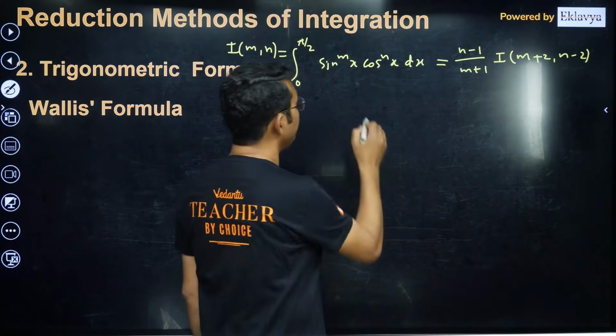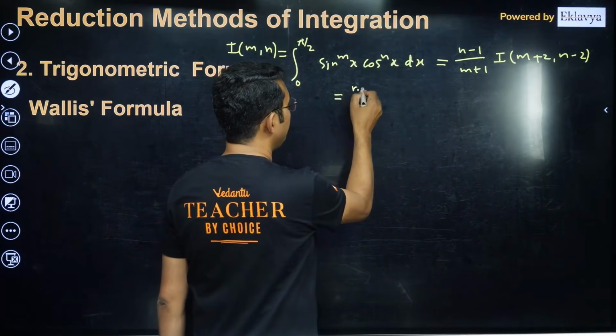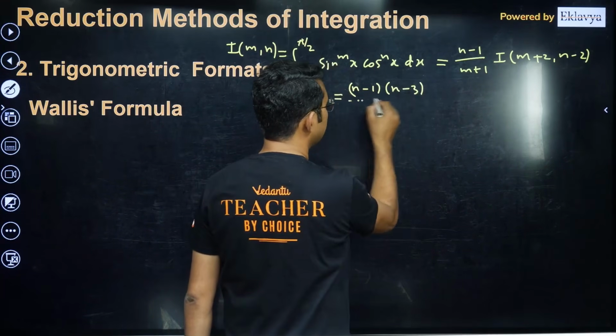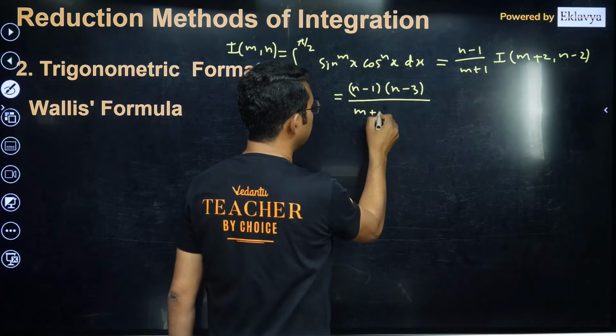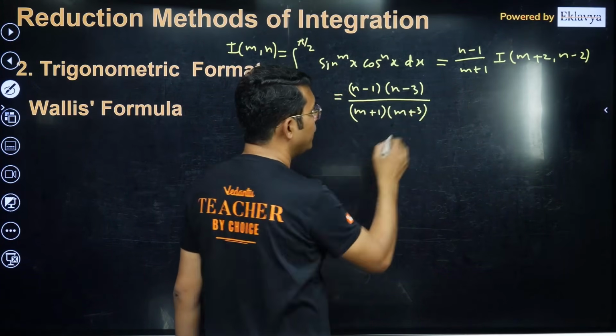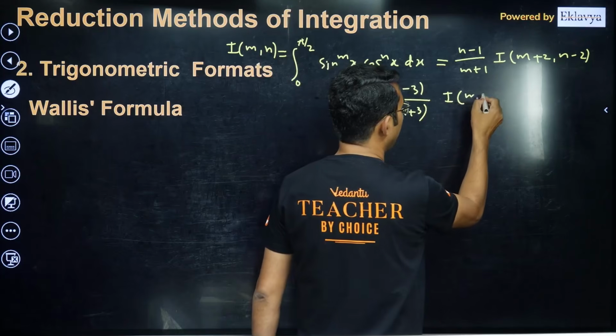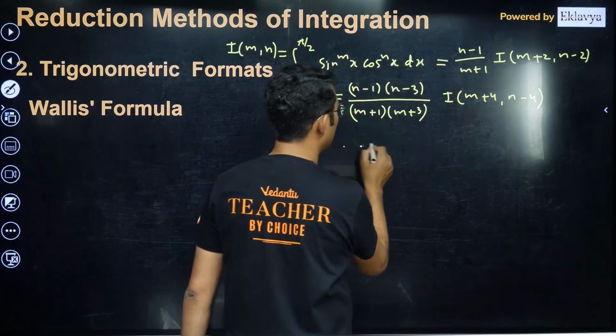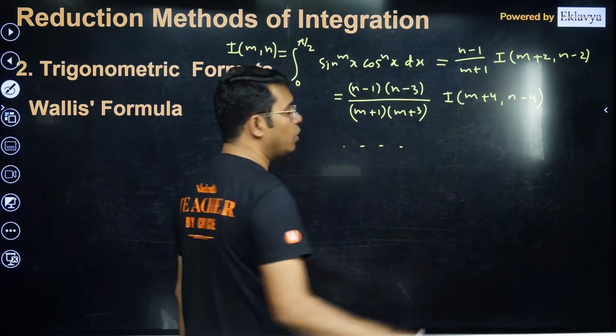Once again if I do the same thing, this will become n minus 1 and then n minus 3, whereas in the denominator it will be m plus 1 and m plus 3. And then it will become I m plus 4 comma n minus 4, and so on till this becomes 0 or maybe 1.